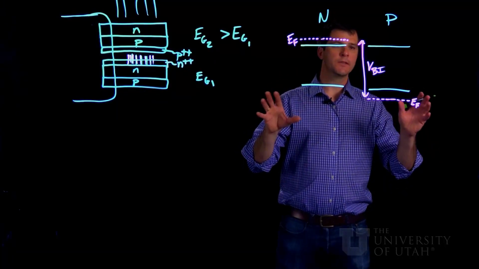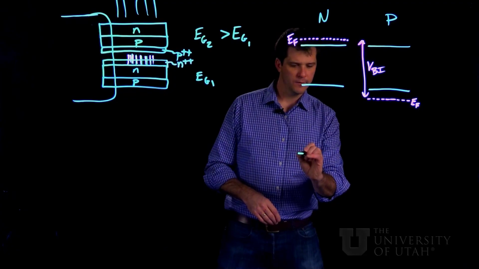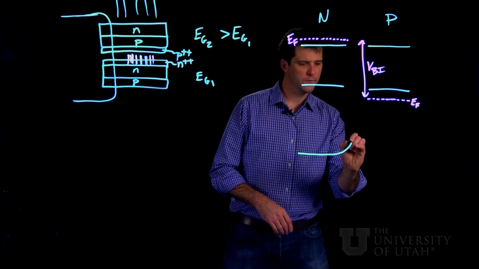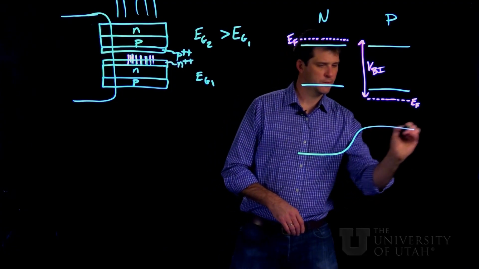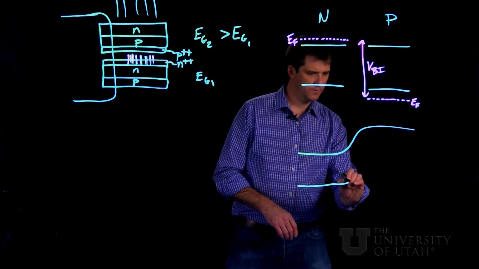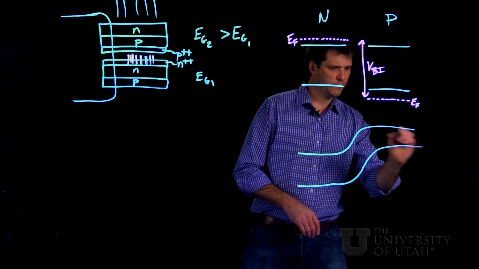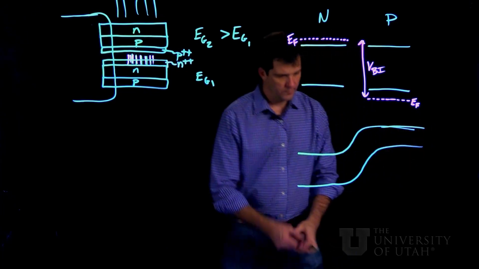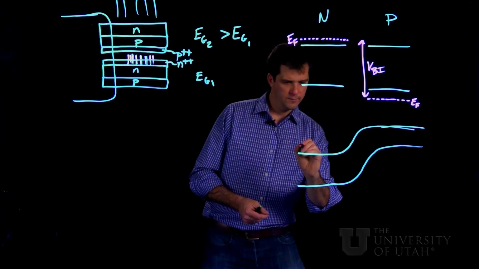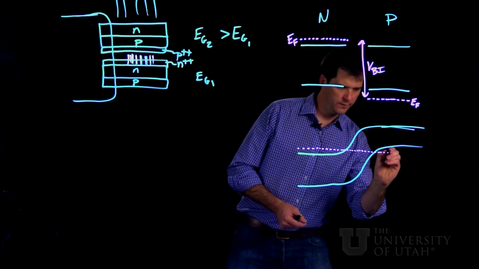So when we actually bring these into contact, the band diagram is going to look sort of like our old band diagrams for normal p-n junctions, except the built-in voltage is very large, so that it sort of mimics, in a sense, the effect of a reverse bias in our previous case.